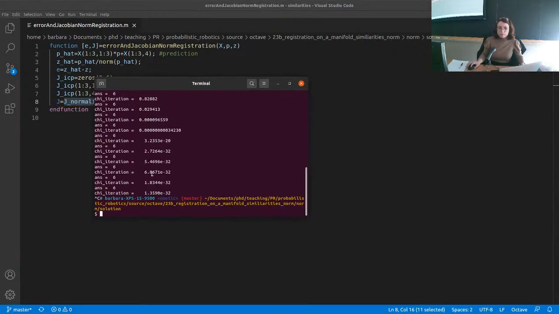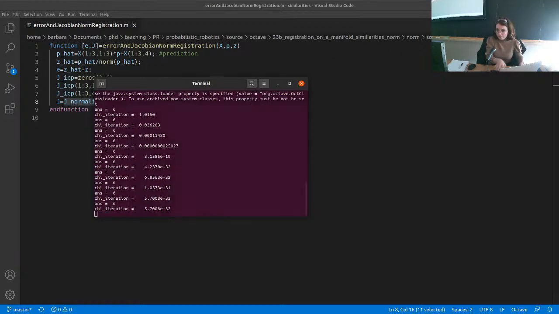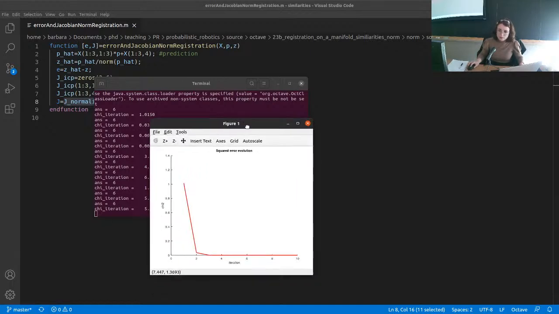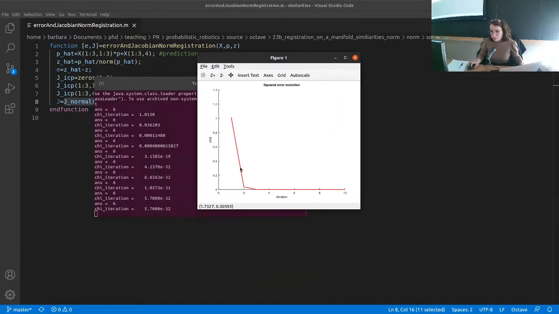I will only show you the result. So Octave test normal registration. You can see that the evolution of the chi-square rapidly goes to 0. As usual, we are using a synthetic data set with no noise on the measurements, so we expect the error to go to 0 by applying least squares. There are no wrong associations because we generate an ordered vector of measurements.